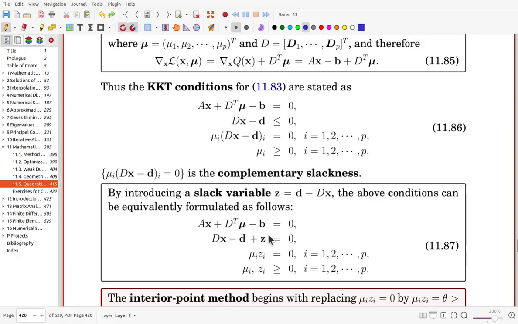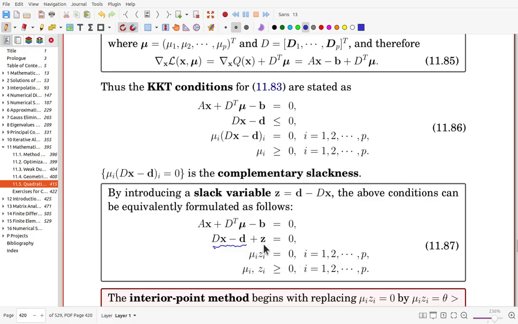Then here, that is Dx minus d, plus z equals 0. Then again, mu i, z i, the multiplication must be 0 by using this one. Now this equality can be written in this way.